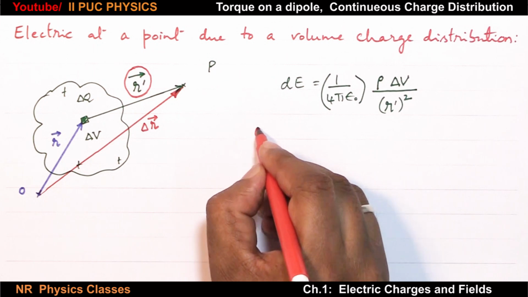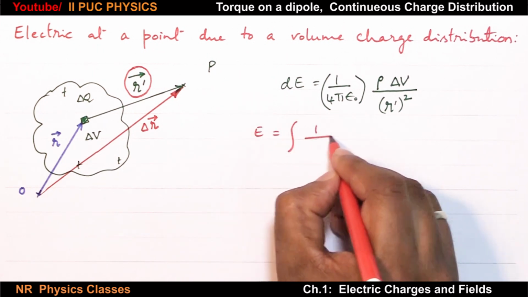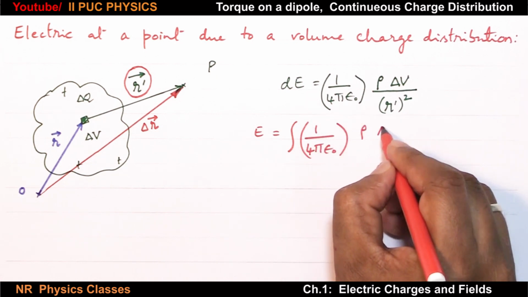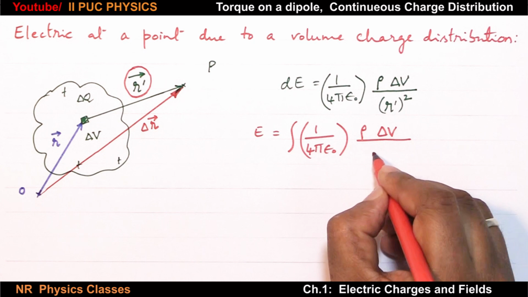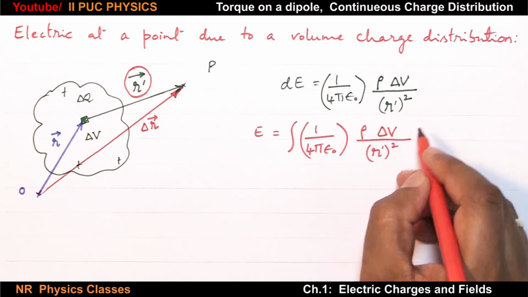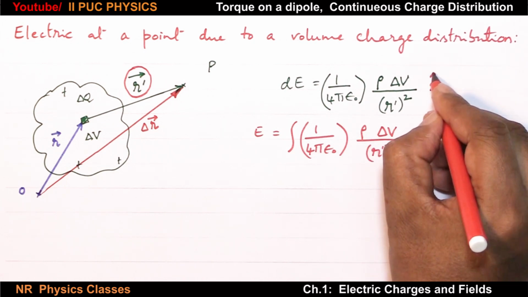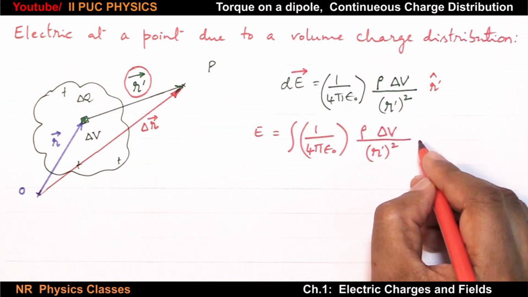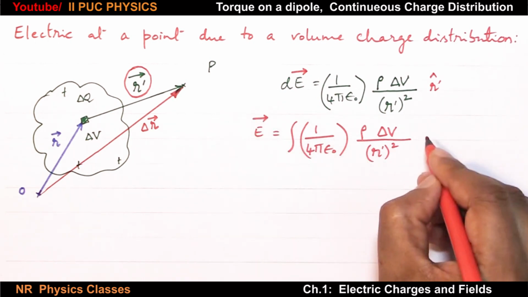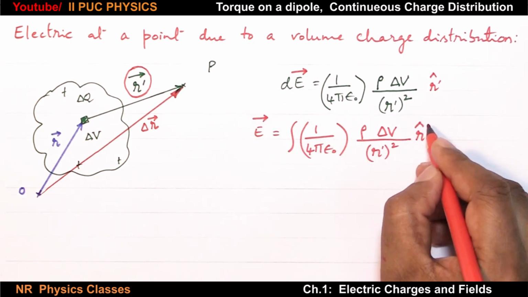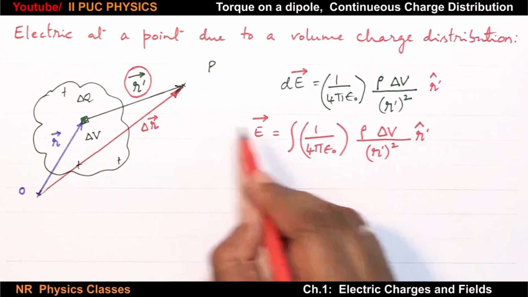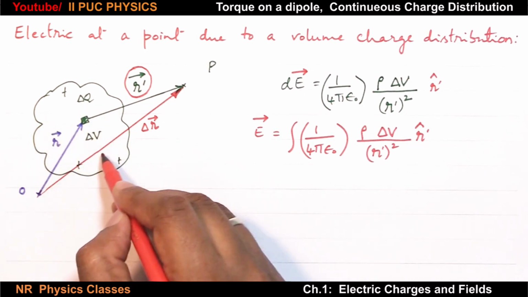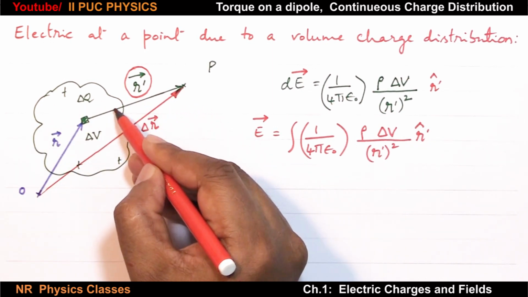So what is the total electric field? It is the integration of 1 by 4 pi epsilon naught into rho delta V by R dash square. Of course there should be R dash cap. That time this becomes a vector. Let us write the vector symbol. Therefore R dash. The field is directed away for a positive charge. If it is negatively charged, then the electric field will be towards.